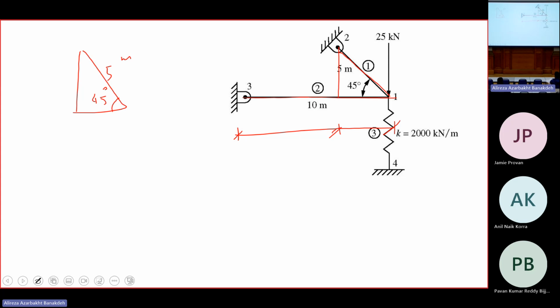If this is 45 degrees, this is 45 degrees, and this is 90 degrees. For a triangle, 45, 45, 90 degrees, this is equal to this one.